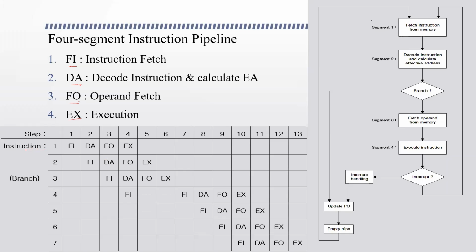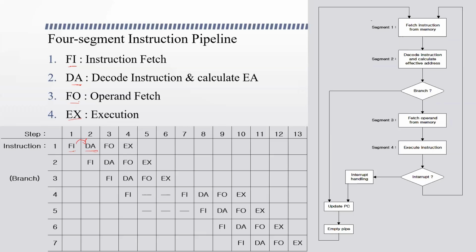Look at this table here. Instruction 1, the first instruction, in segment 1 at the first clock cycle, is fetched. The first sub operation is fetching the instruction, FI. So that is done. And once the fetching is done, the instruction needs to go to the decode phase, or finding the meaning of the instruction.